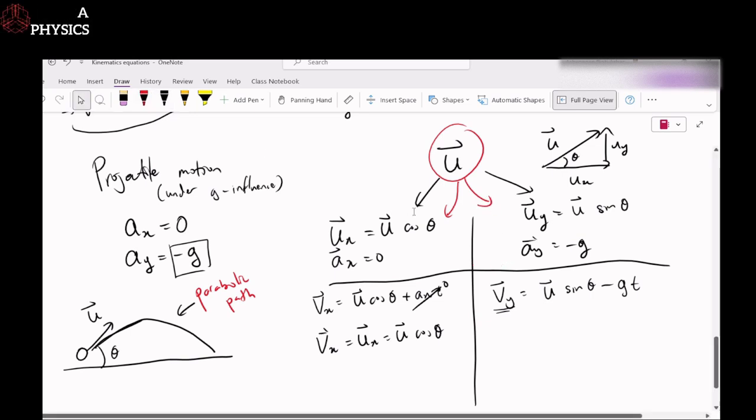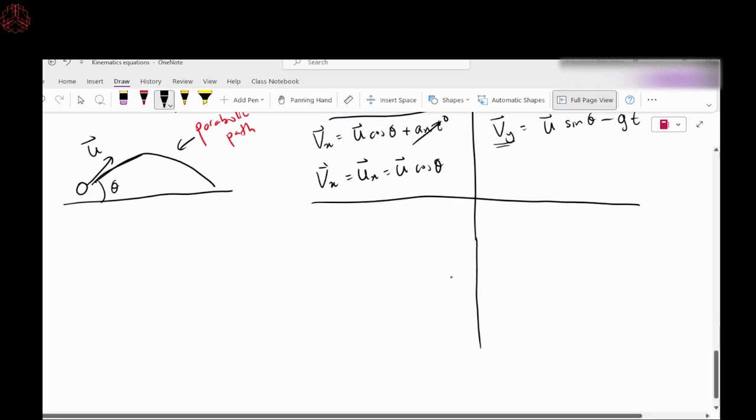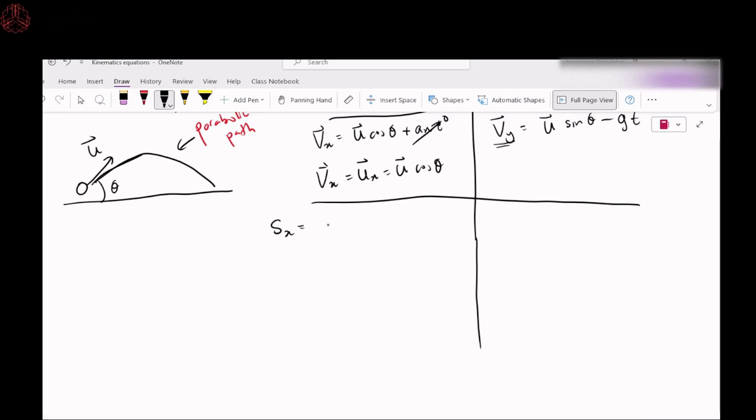Of course we can expand this for displacement as well. I'll just write down the results. My displacement in x is simply ux times t, because the half ax t squared goes to 0.